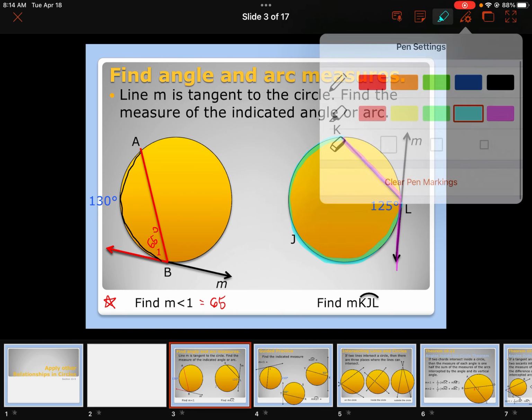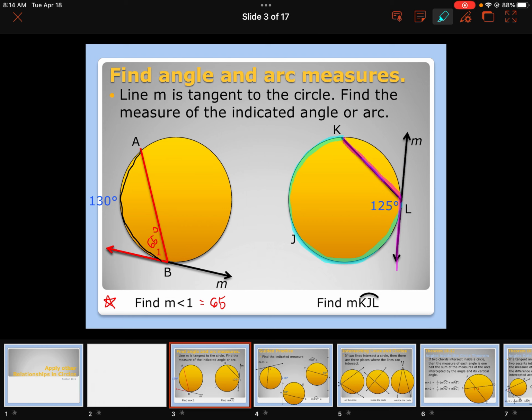What would the measure of that blue intercepted arc be? It'll be 250. It's going to be twice as big. Now remember, in both of these examples, you can actually find the other arc and the other angle measure as well.